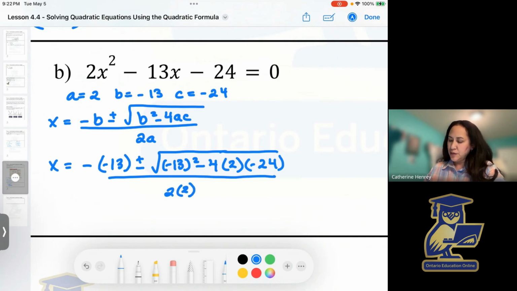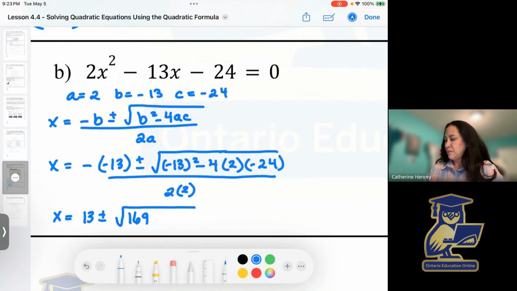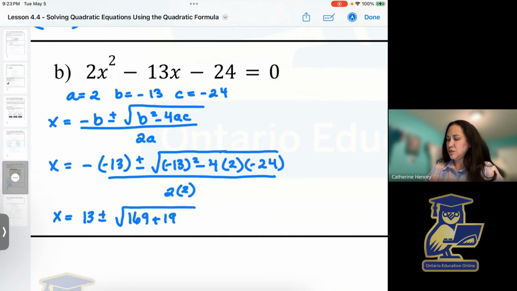Let's keep going with our simplification. We have 13 plus or minus the square root of negative 13 squared is 169 plus negative 4 times 2 times negative 24 should give me 192.